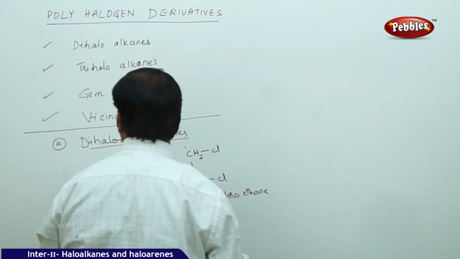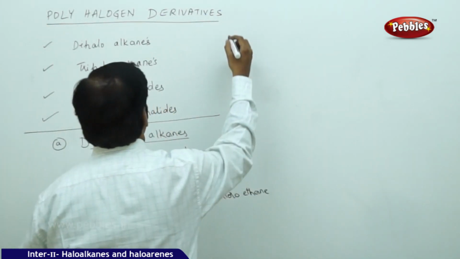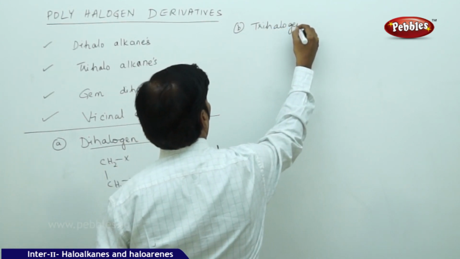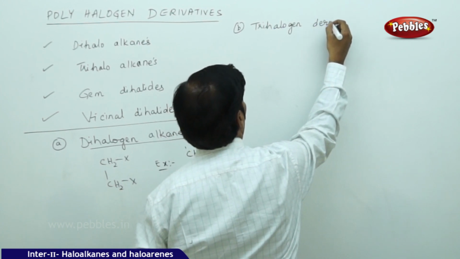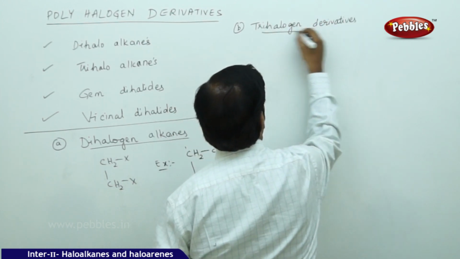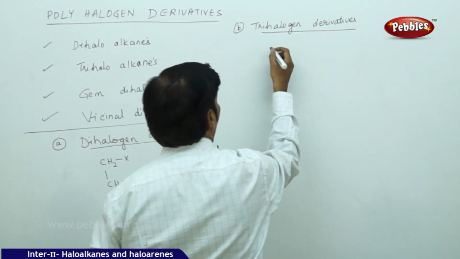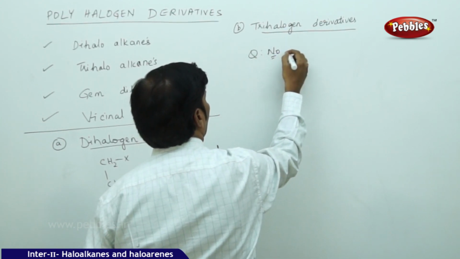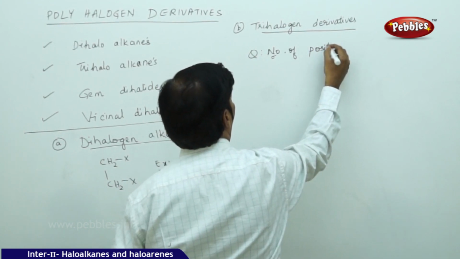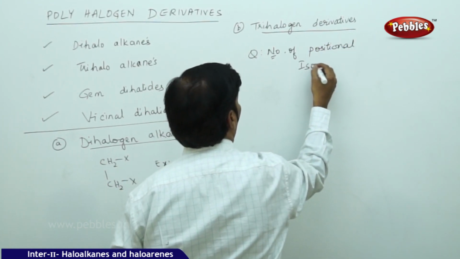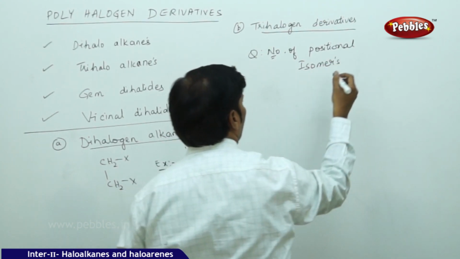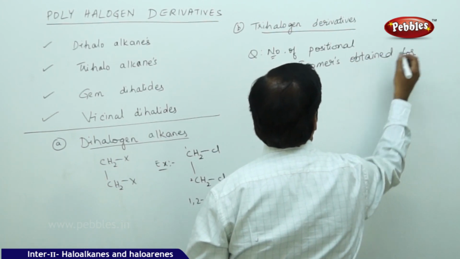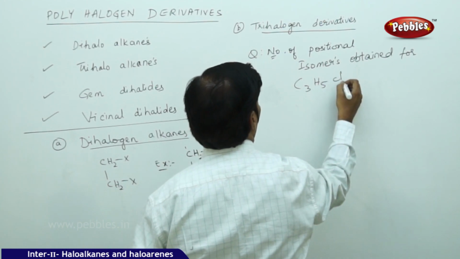And if you want to go for trihalogen derivatives, I am just taking one small question: the number of positional isomers obtained for C3H5Cl3.